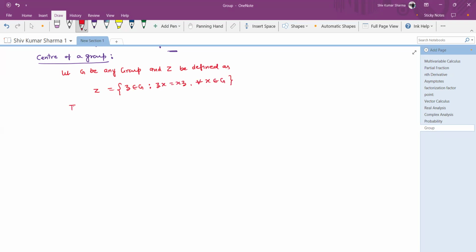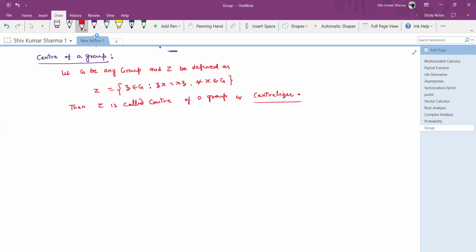Then Z is called the center of a group or centralizer.